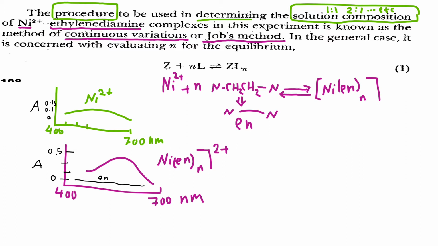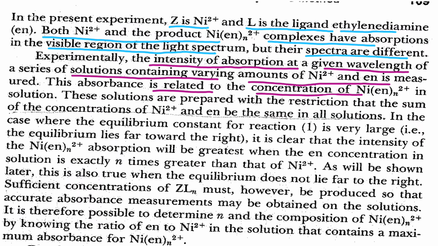And the absorbance of the nickel H2O solution is also different. So we will depend on the absorbance from 400 nanometers to 700 nanometers to characterize our complexes. Now the ethylene diamine does not absorb in the visible, so we don't count the absorbance of ethylene diamine in this example.